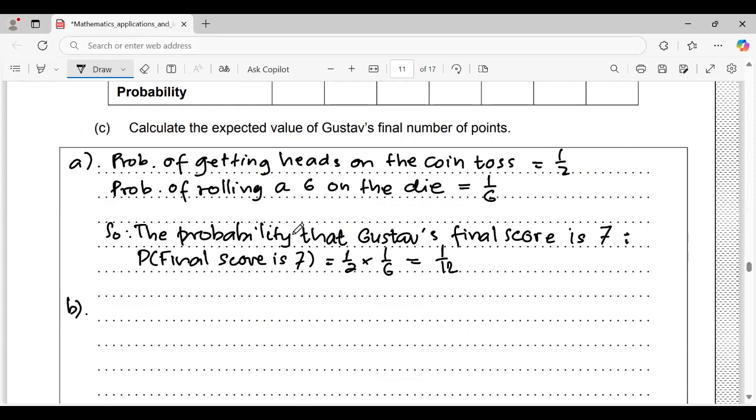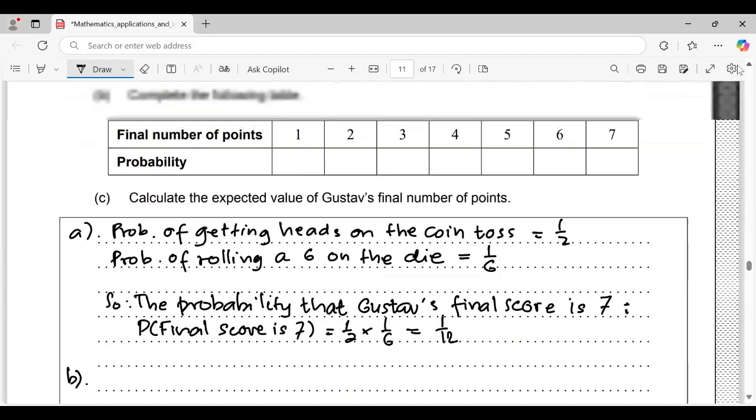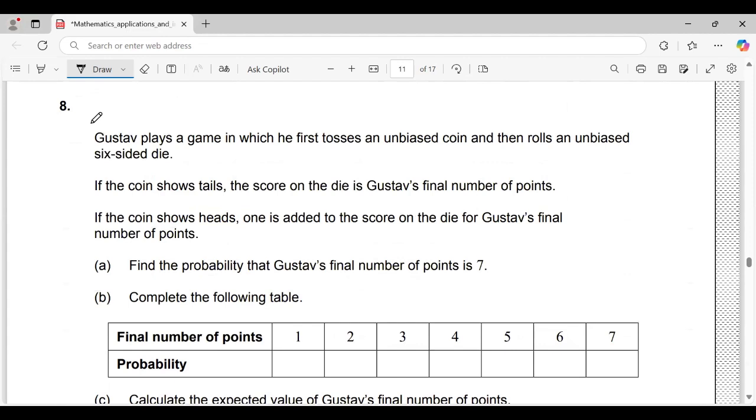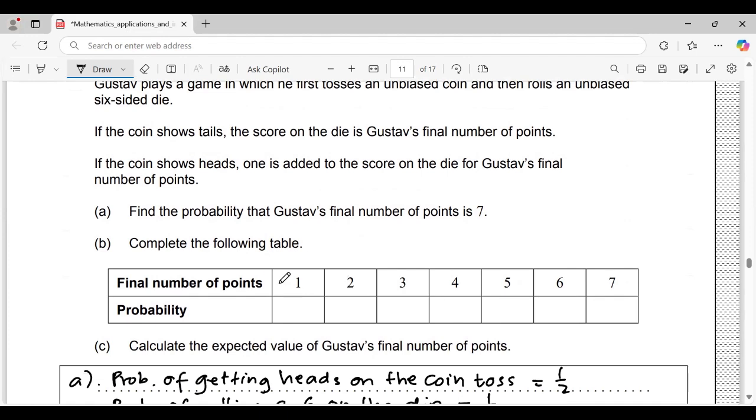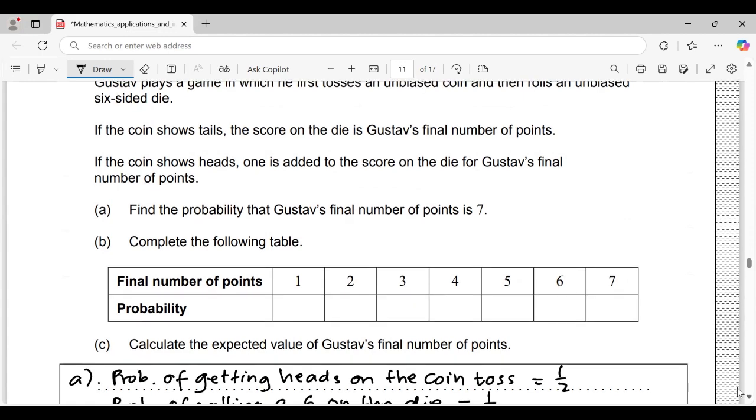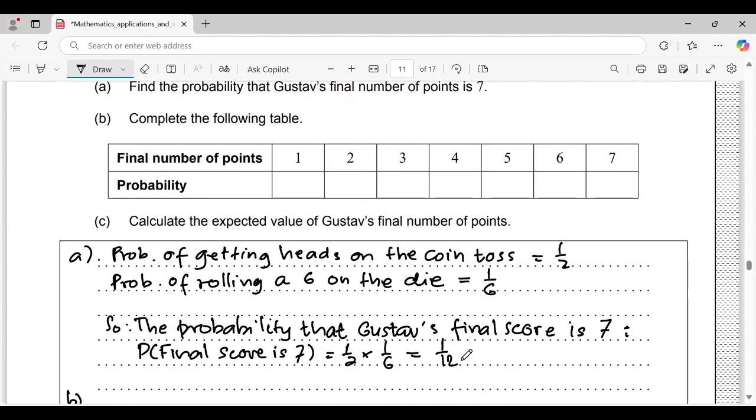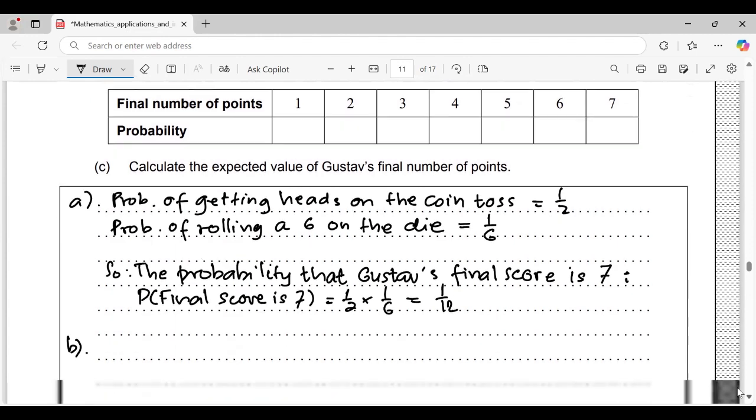B. Complete the following table. Okay, so we are going to find the probability. Final score is 1, final score is 2, final score is 3, and so on, and final score is 7. We have calculated this, 1 over 12.